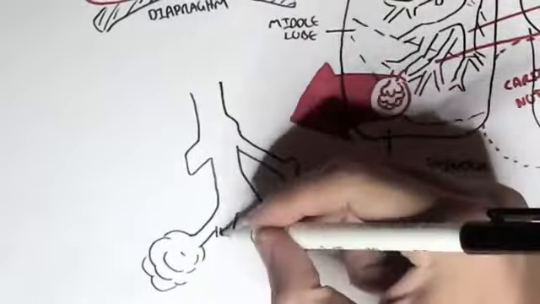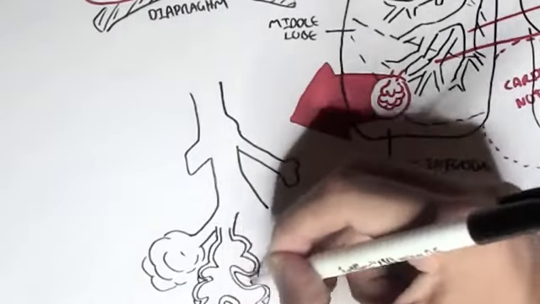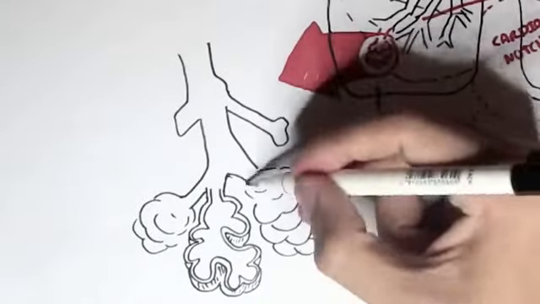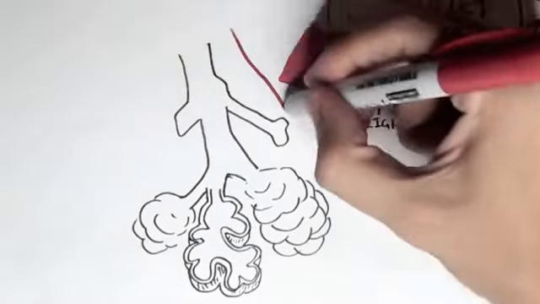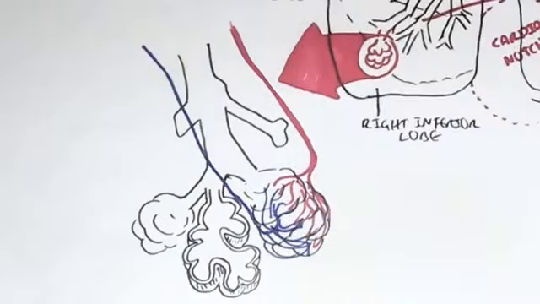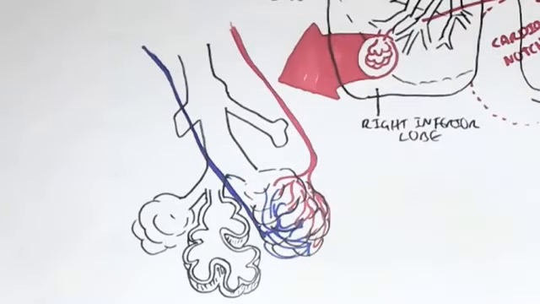So let's zoom into this alveolar duct-looking thing and look at it in a bit more detail. Of course, to each of these alveolar sacs, we have blood vessels coming in and out, the blue coming in and the red going out.